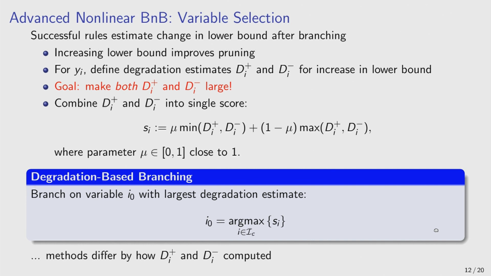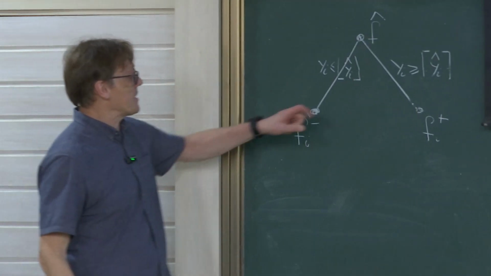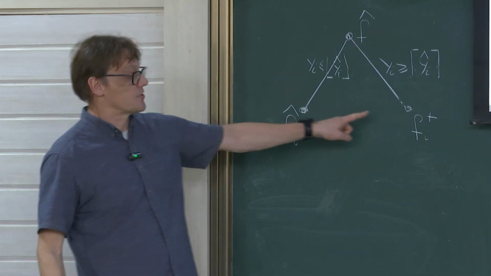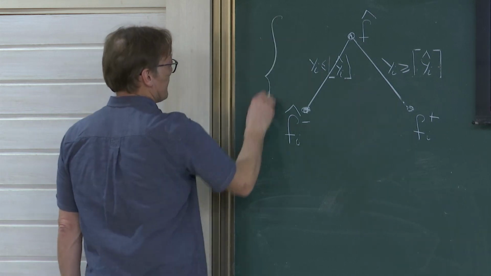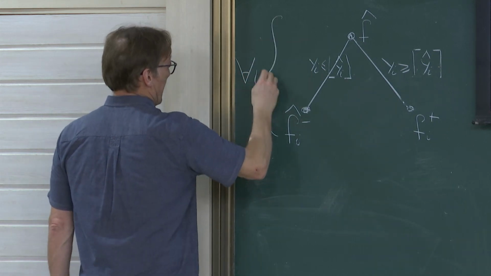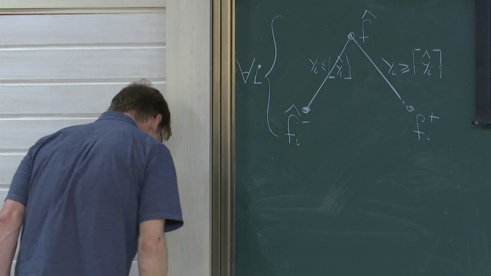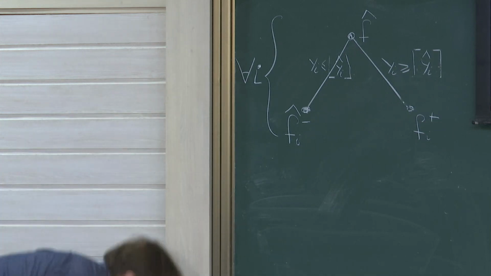In this case, one way of computing this degradation is to just solve these two problems, and then repeat that for all i. So you do this for every integer variable that's at a fractional value.